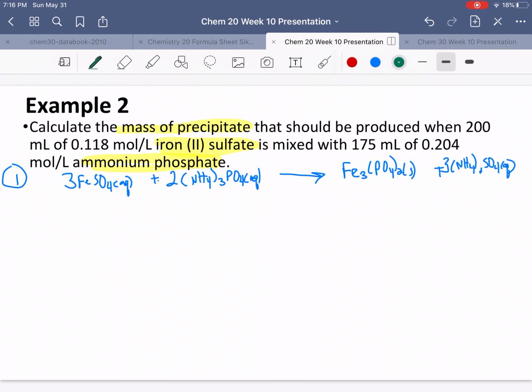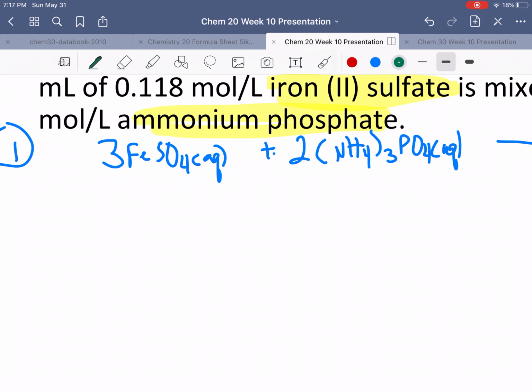Step 2, let's figure out the amounts of both of them to see which one's limiting. So look at what you've been given. Volumes have to be, of course, in liters so that they match the concentrations. So 0.200 liters for the first one. The concentration of that iron 2 sulfate is equal to 0.118 mole per liter.